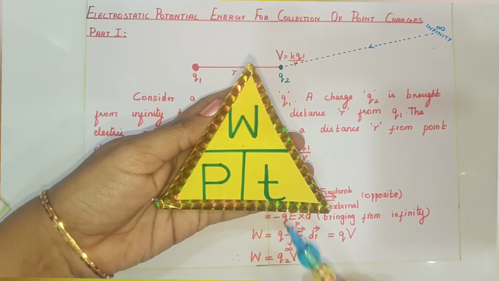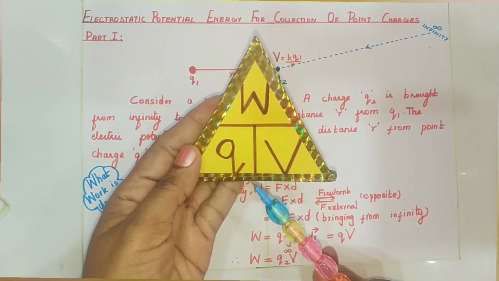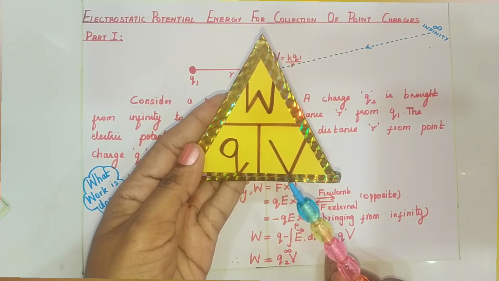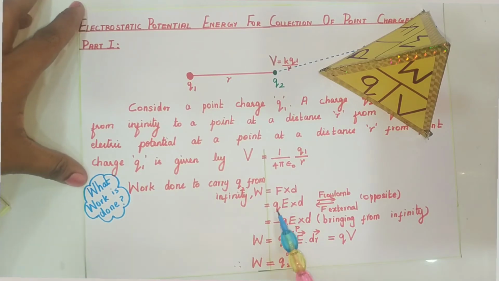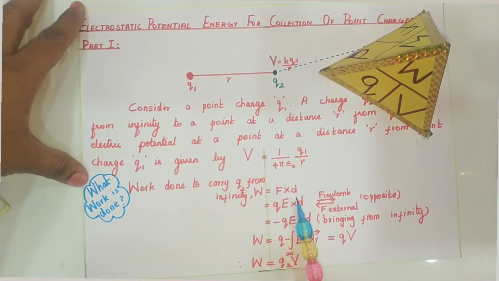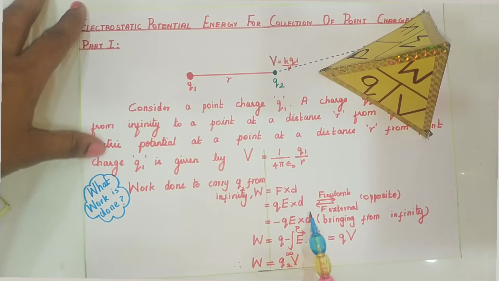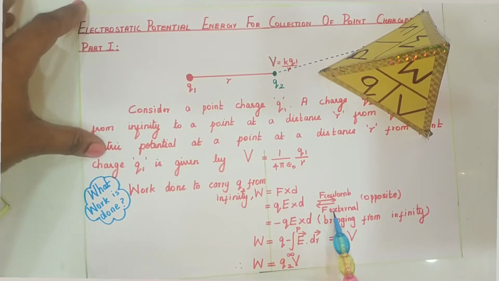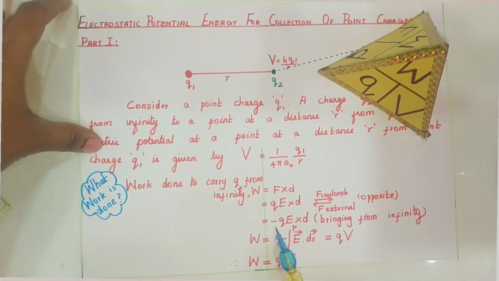Okay, now we are going to see how we got the formula work done is the product of Q and V. You see, W is equal to F into D. Now, the force in the electric field is QE. So, QE into D. The Coulomb force and the external force are opposite in direction, so I introduce the negative sign.